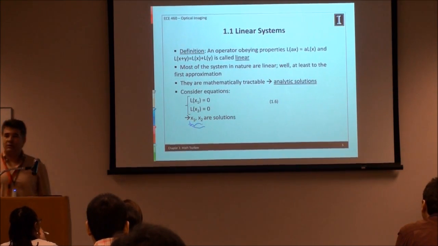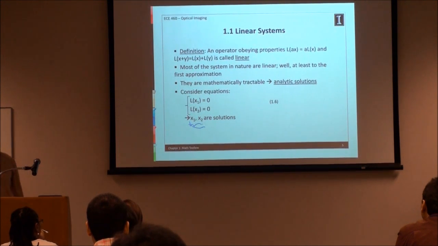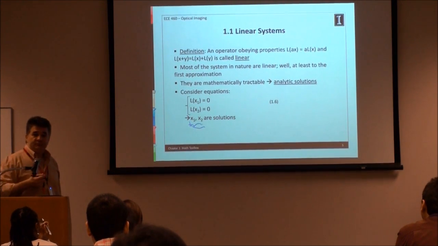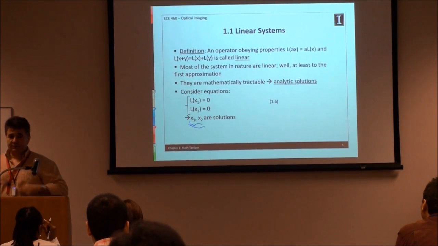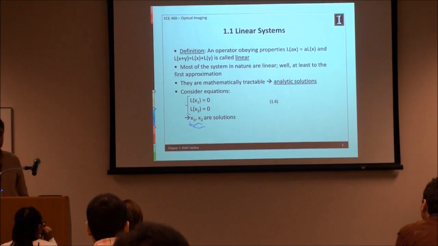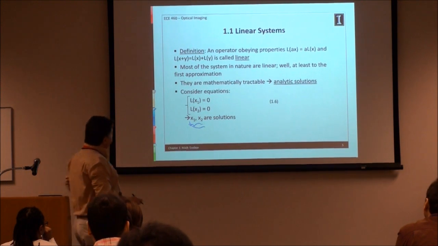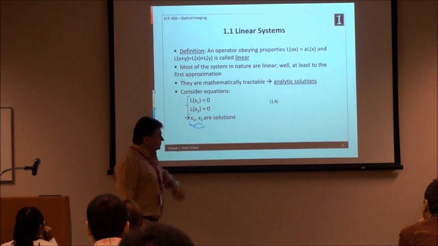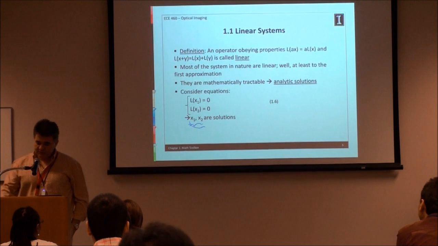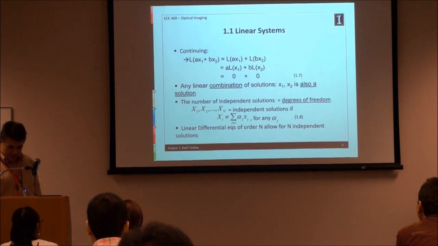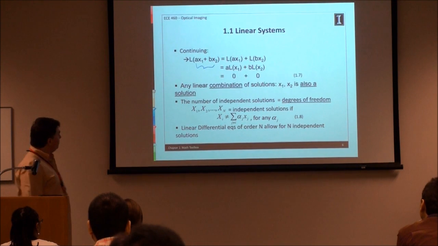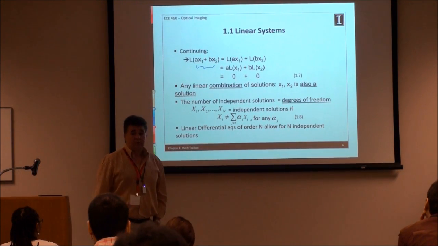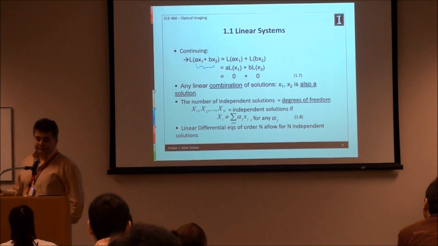If x1 and x2 are solutions to the problem, to the mass on a spring, so I have a certain force that acts on a spring, the spring has a certain constant, I have certain friction and so on, and I have two solutions, x1 and x2, it turns out that a linear combination of x1 and x2, that means a x1 plus b x2, is also a solution.